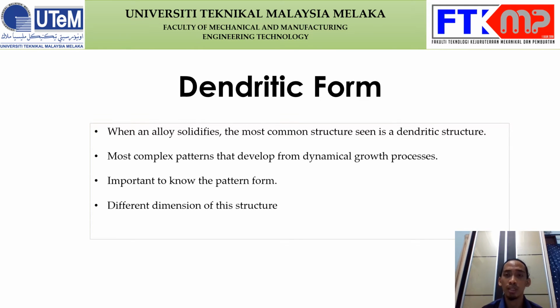It's hard to understand this pattern, and it's important for us to know the pattern form. And lastly, we need to know and understand the different dimensions of this structure.